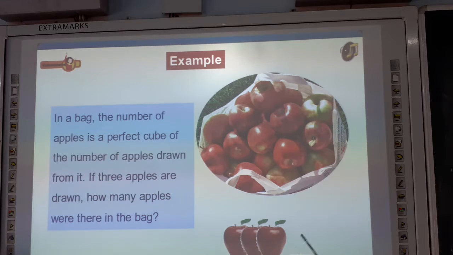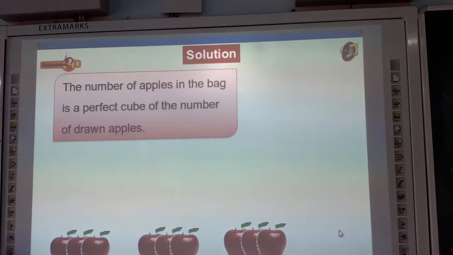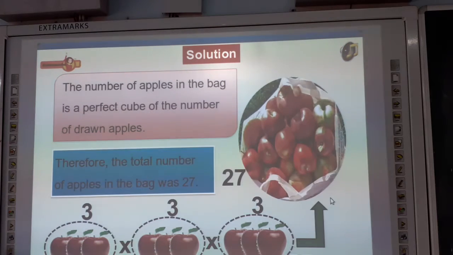In the bag there were 3 cubed, meaning 3 into 3 into 3, 27 apples. Let us see the answer. The total number of apples in the bag was 27, 3 into 3 into 3.